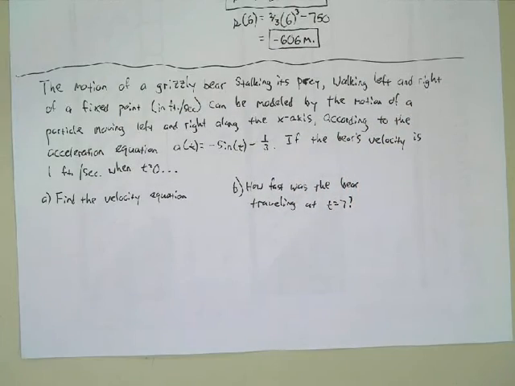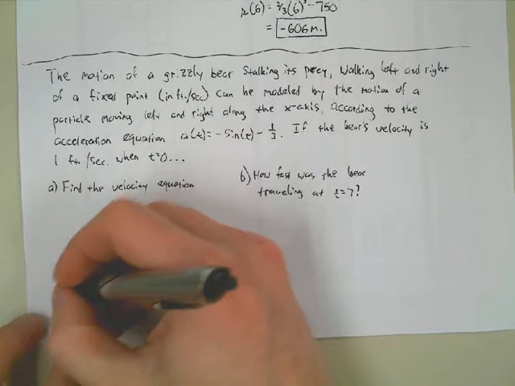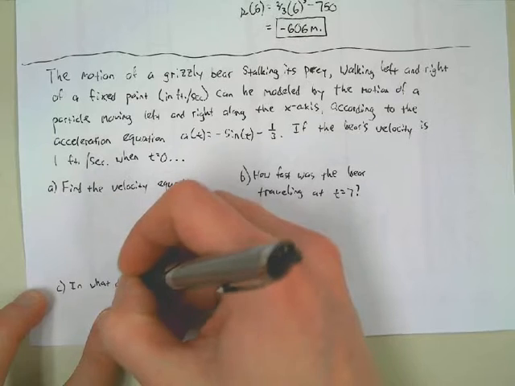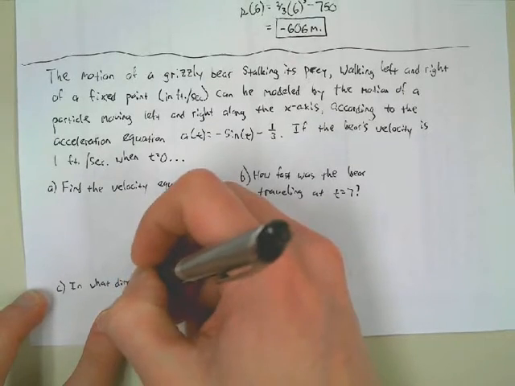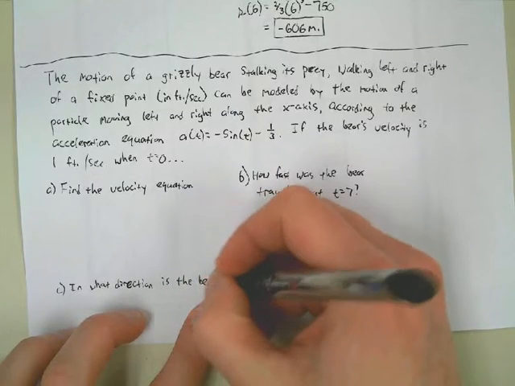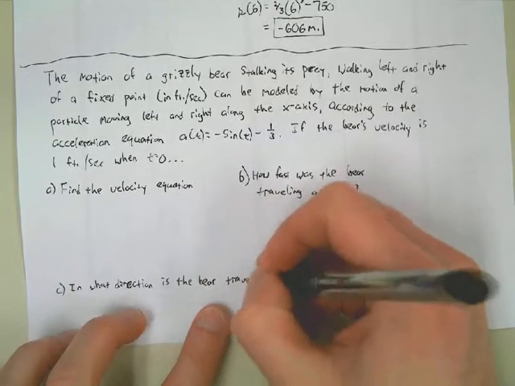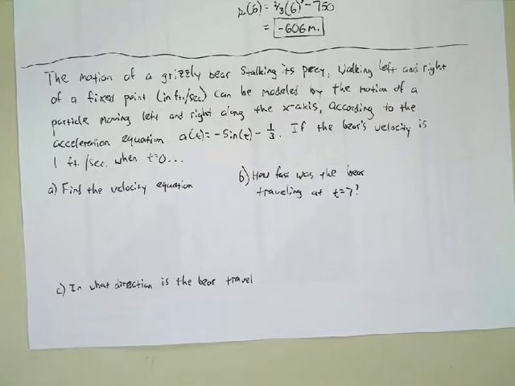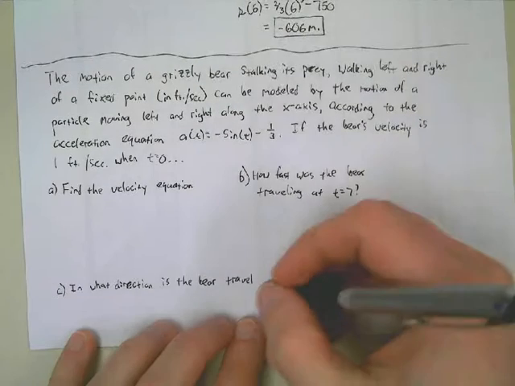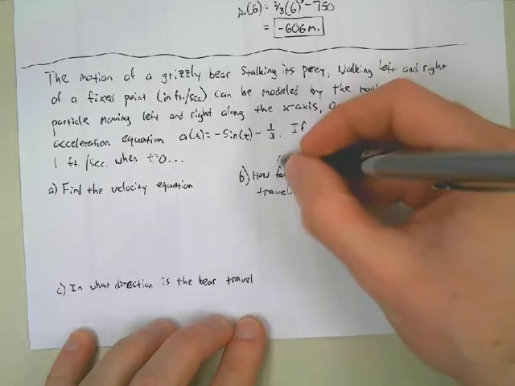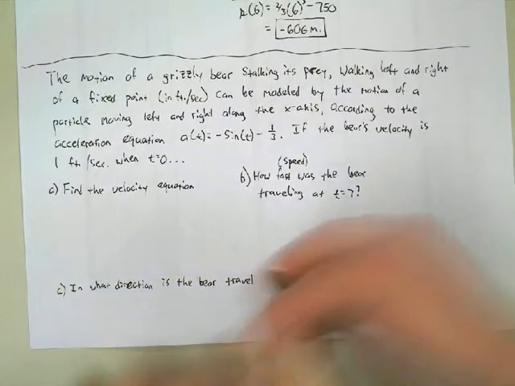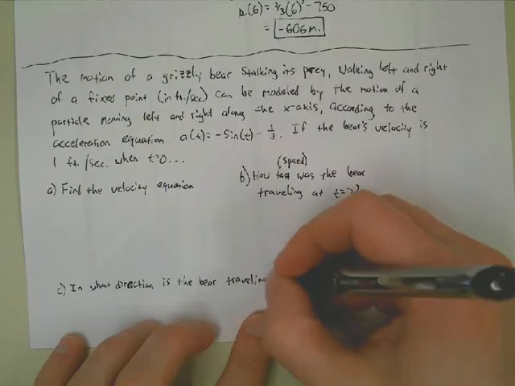And then letter C, in what direction is the bear traveling? Good question. How fast, generally? I think speed. Yeah. In what direction? So I'll clarify that. How fast is the bear traveling at time t equals 7? In what direction is the bear traveling at t equals 5?